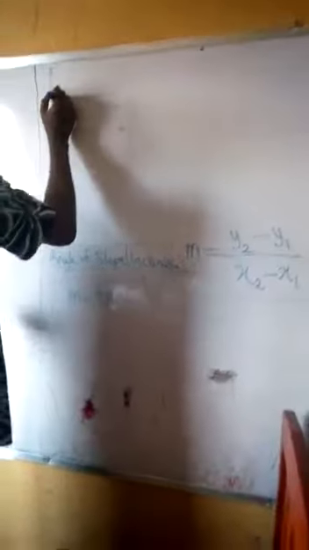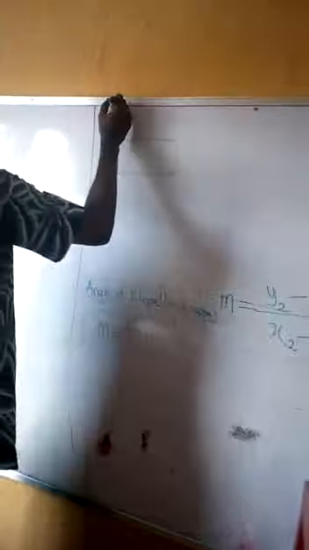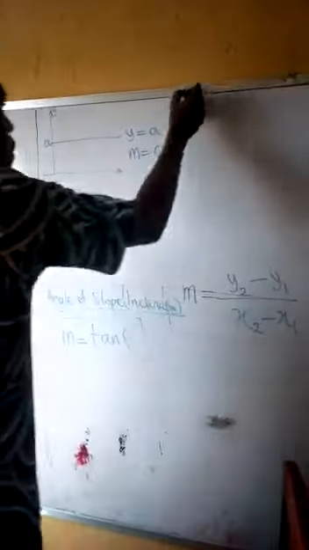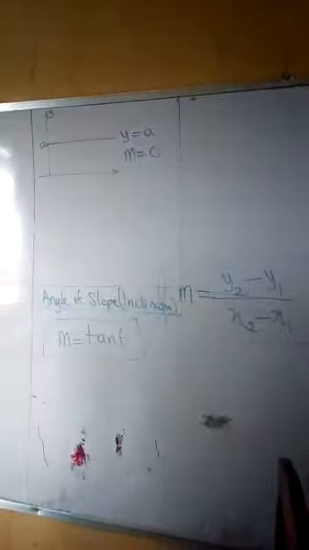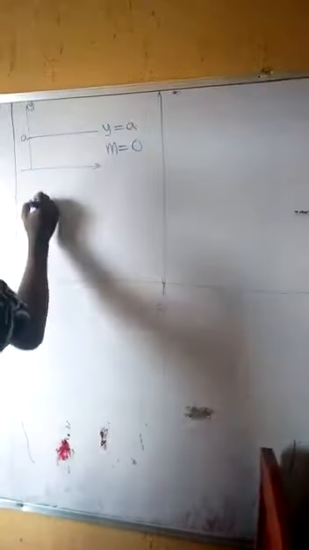Now there is something I need you to know about slope. If the line is horizontal, it is a line of y. So let's say it passes through the point y equals to a on the y axis. So it's line y equals to a. And for horizontal lines, there is no change in y. Hence, the slope is equal to 0. If the line is vertical, it is a line of x.